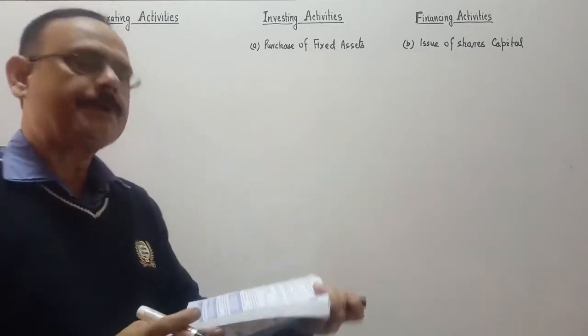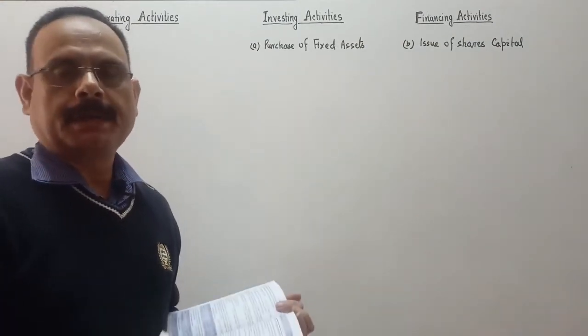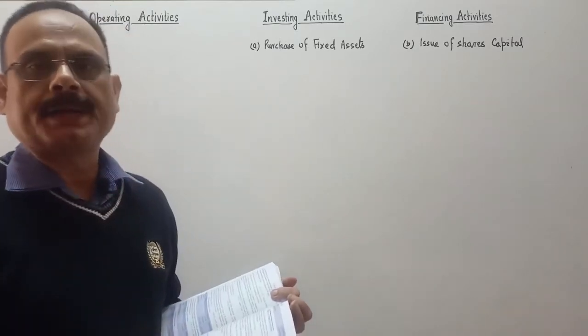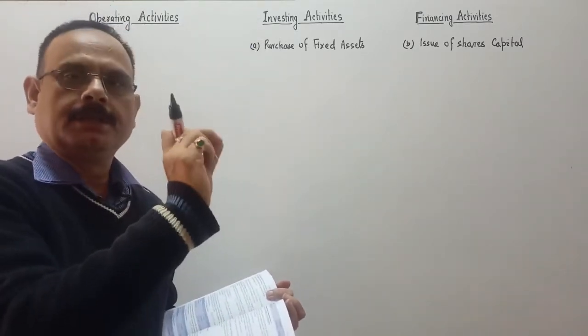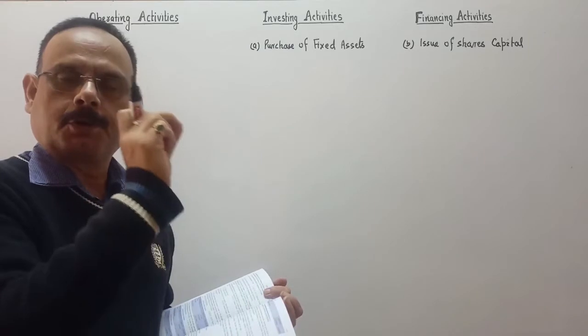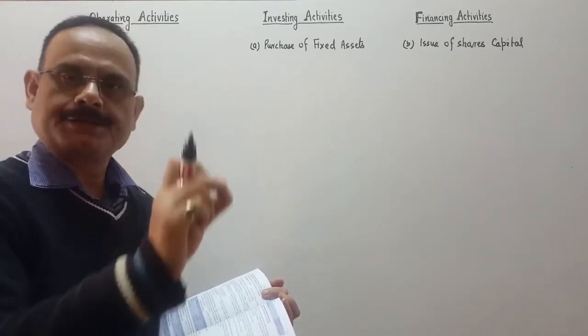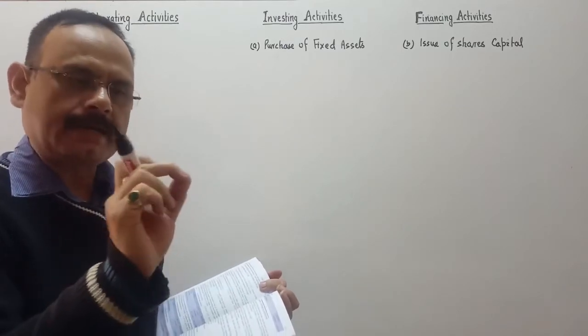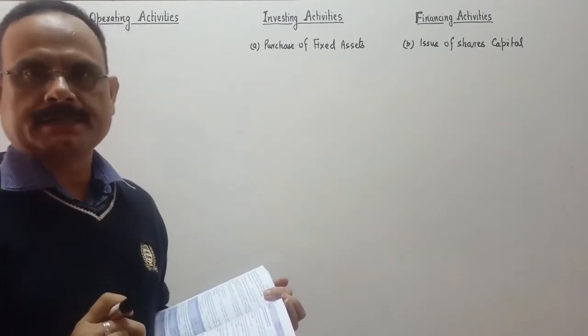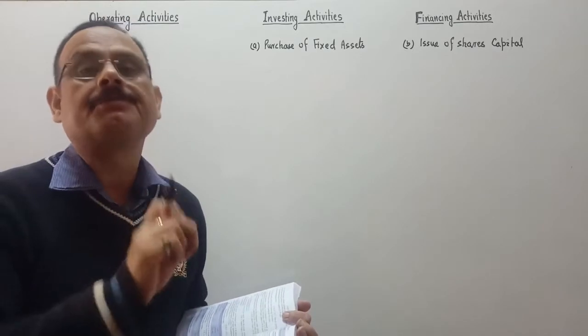Third one is payment of income tax. Payment of income tax comes under operating. This is the last item. After knowing the operating profit before change in working capital, thereafter we adjust the working capital, then finally at last we pay the income tax after adjusting the refund of tax.